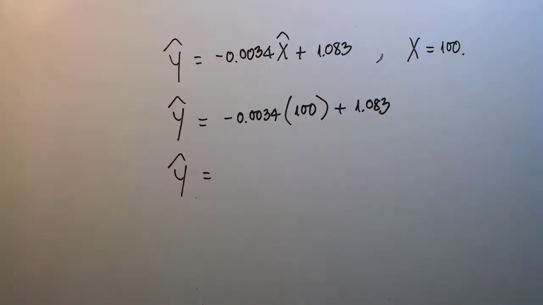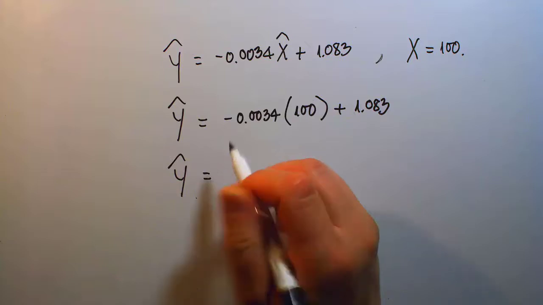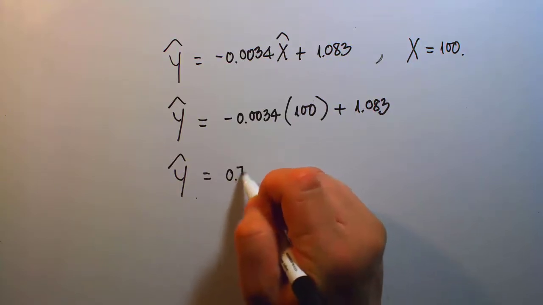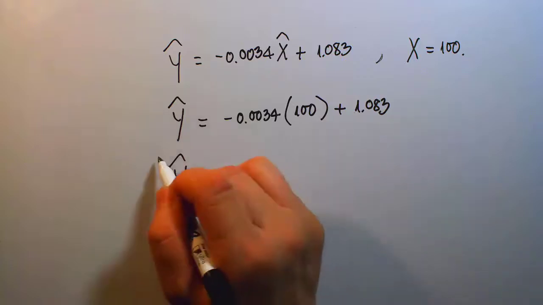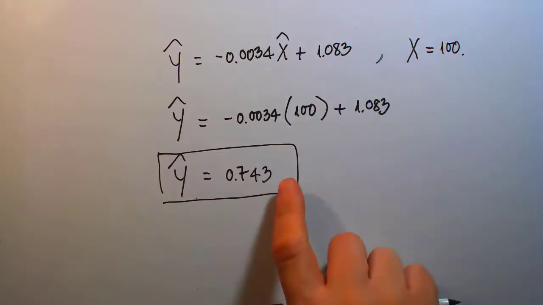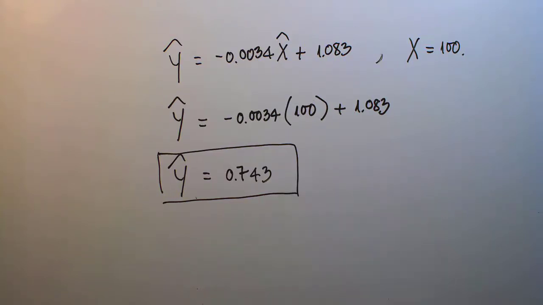If we were doing it by hand, the calculation would come out the same, 0.743. In this example, I'm leaving rounding out of the problem because it will depend on every different problem that everyone is doing out there.